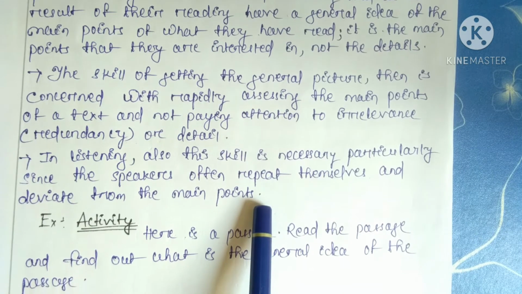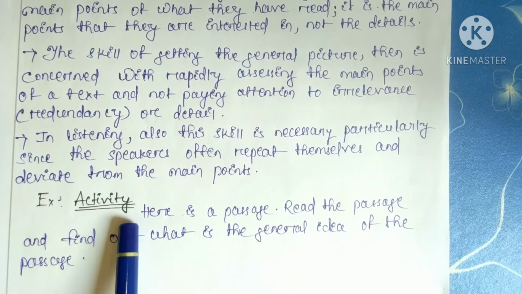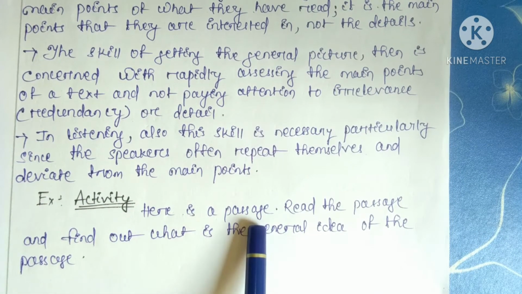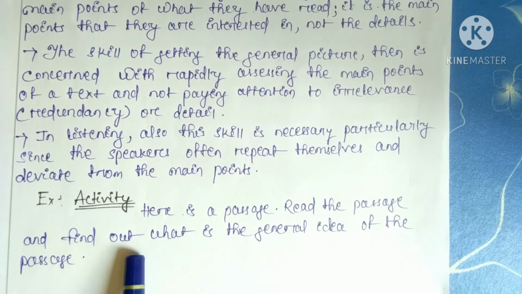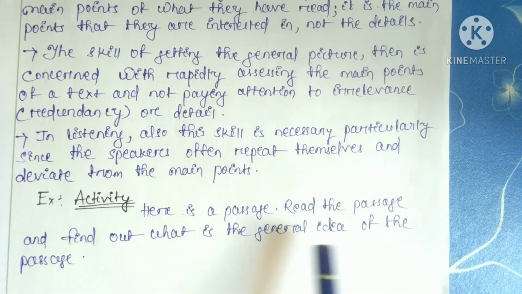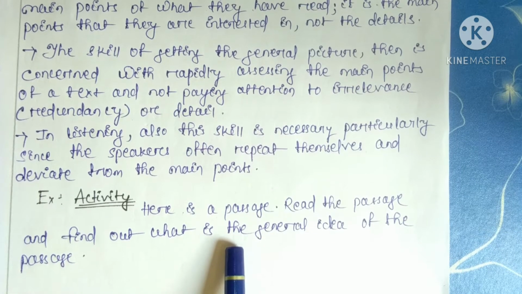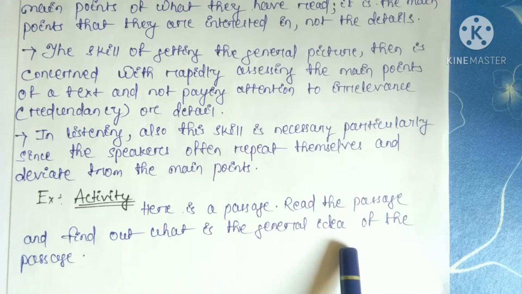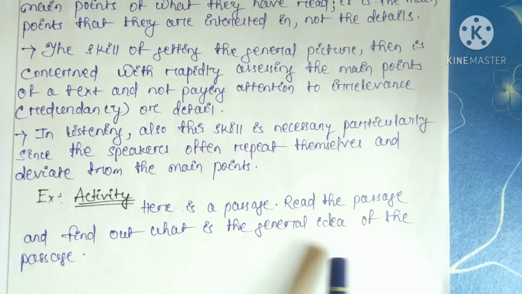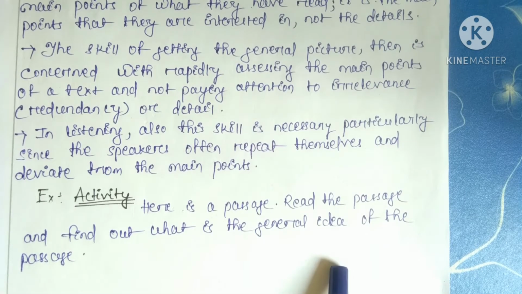Okay, then come to the example, that is an activity. Here is a passage. Read the passage and find out what the general idea of the passage is. So you can give a passage to the learners in the class and ask them to extrapolate the general idea of the passage. What is the general idea of the passage? Ask the learners.